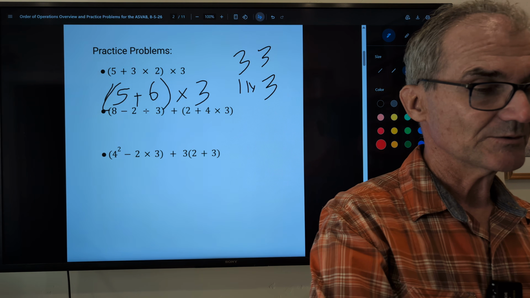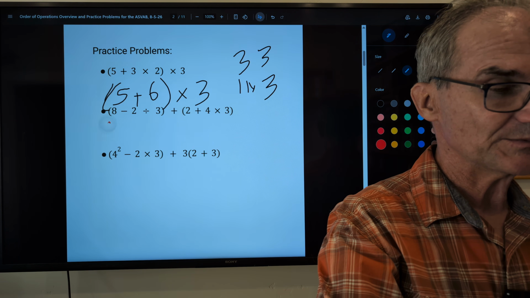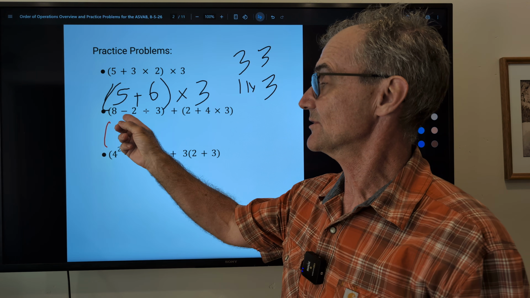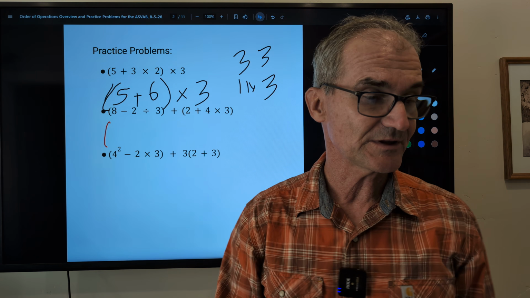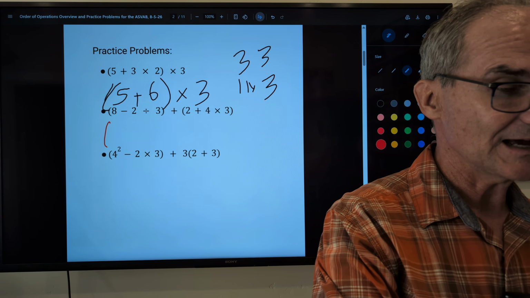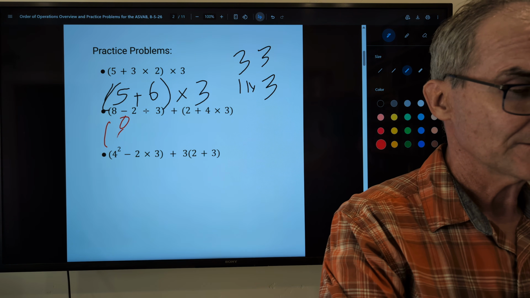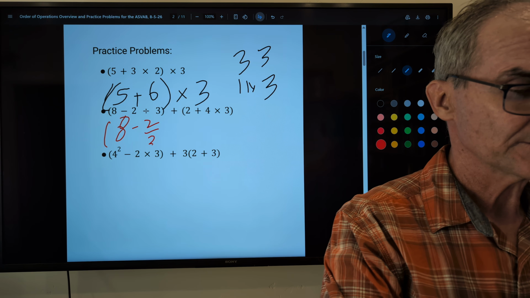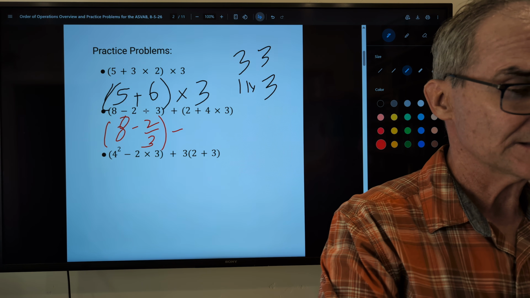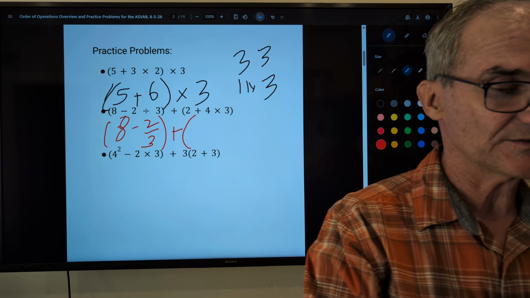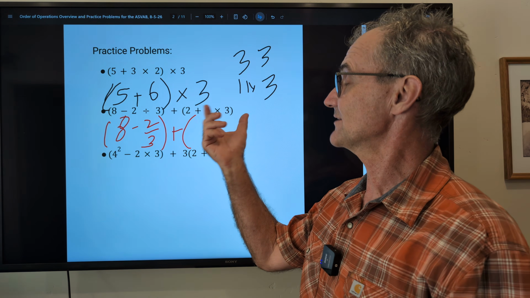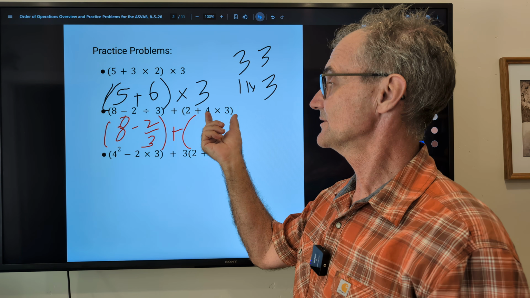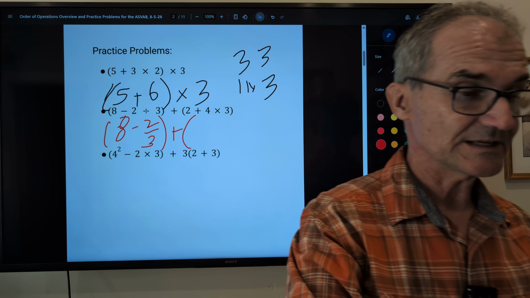All right, so this one's going to be pretty hard because I have this division here before the subtraction inside the parentheses. So I'm going to have 8 minus 2 divided by 3, which is 2/3, plus whatever's in these parentheses here. In these parentheses, I have 4 times 3, multiplication first, 12. 12 plus 2, 14.